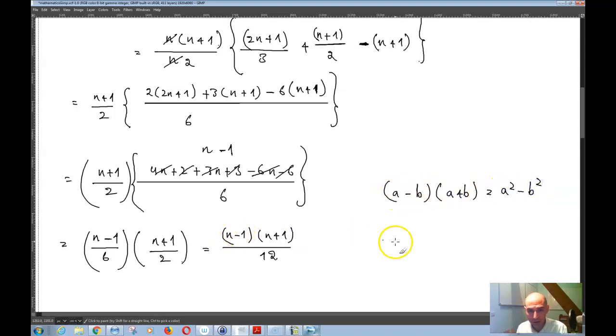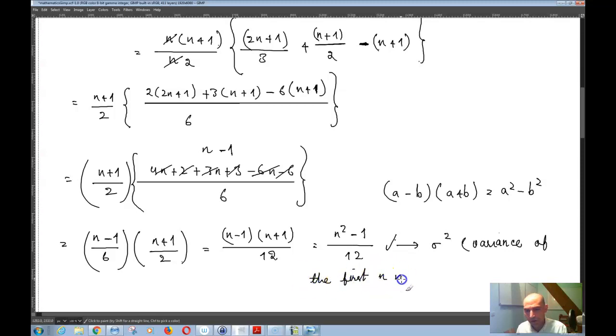So you can write this as n squared minus 1 divided by 12. And that is the correct answer, meaning that this is your sigma squared, which is also called the variance of the first n natural numbers. Okay, so that is that.